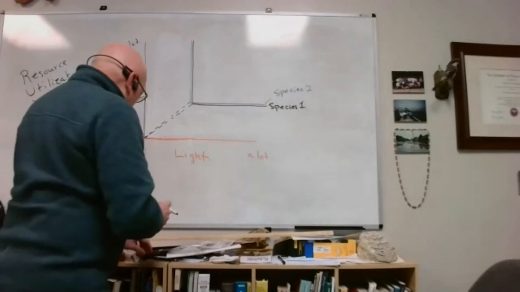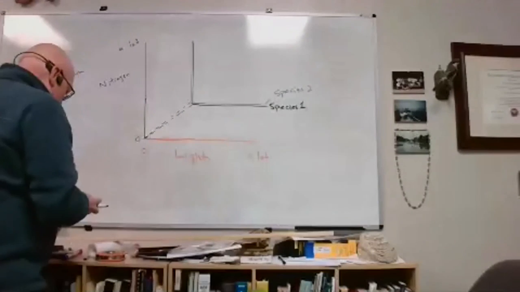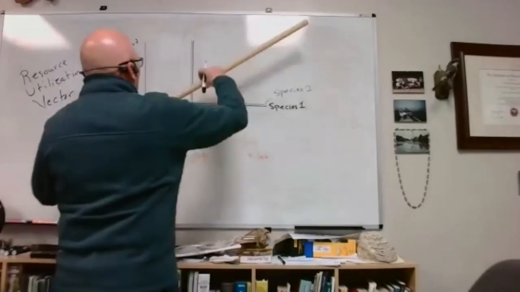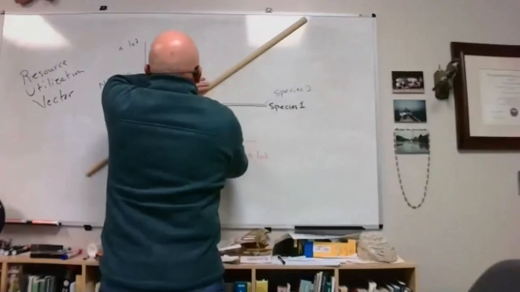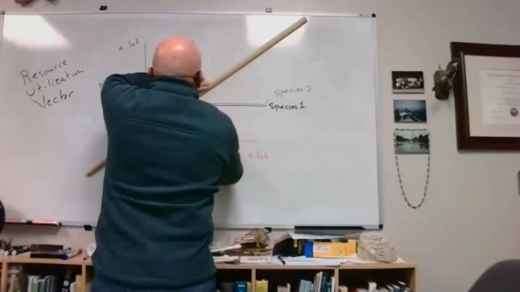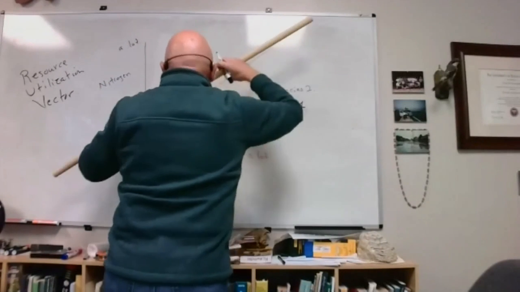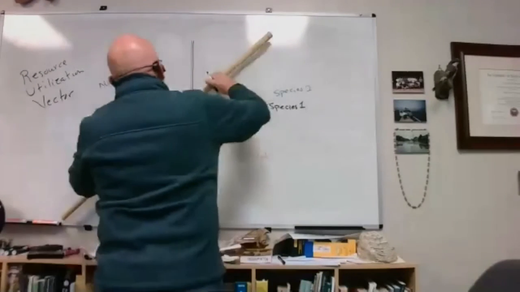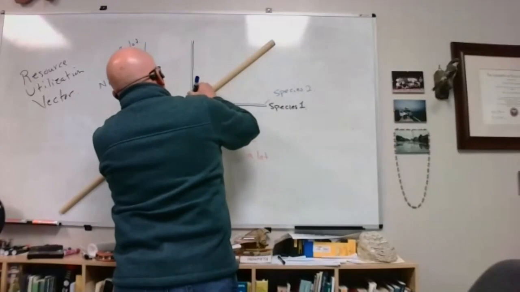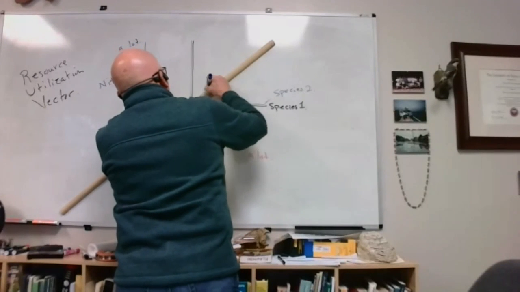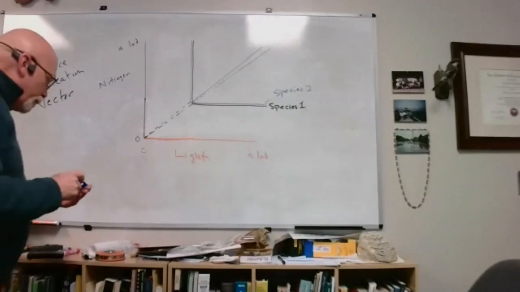So if we project these out from the point where these two zero net growth isoclines are located, the black line would look like this, and the blue line would look like that.